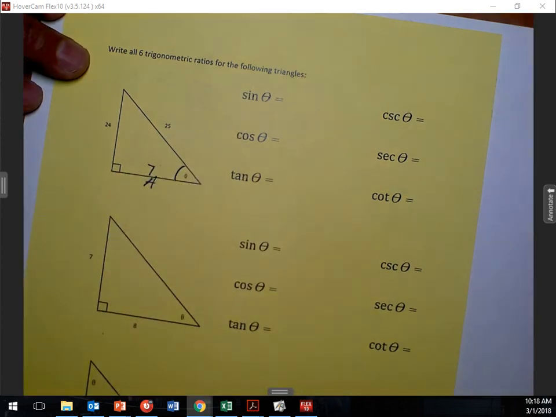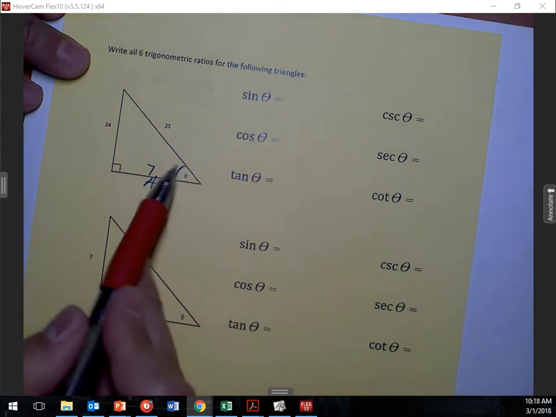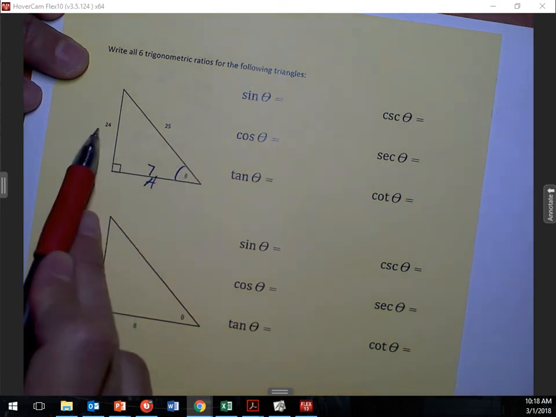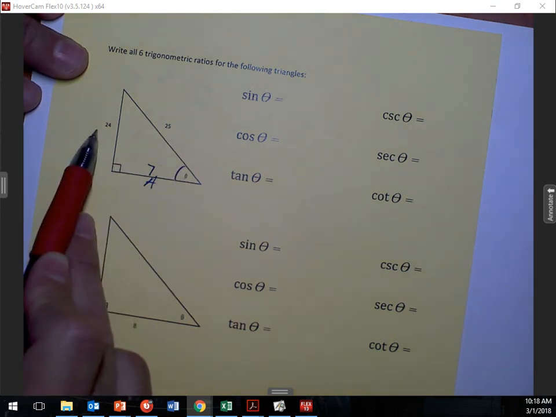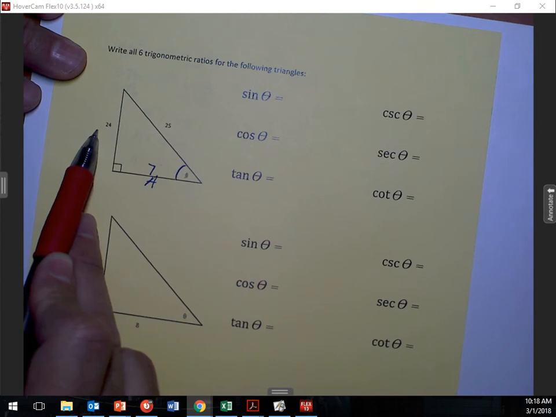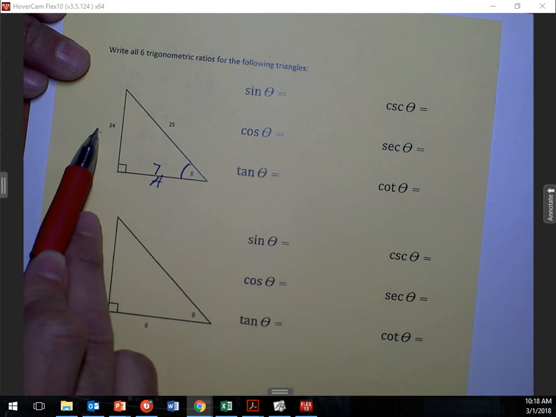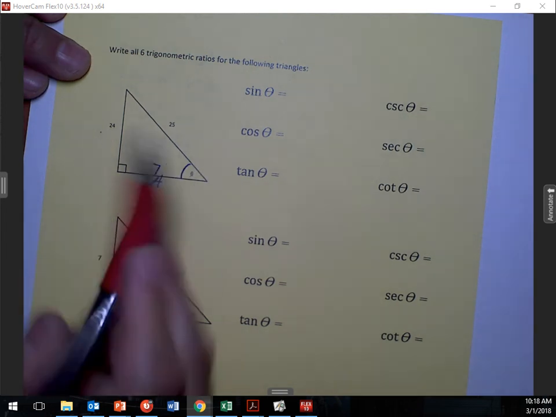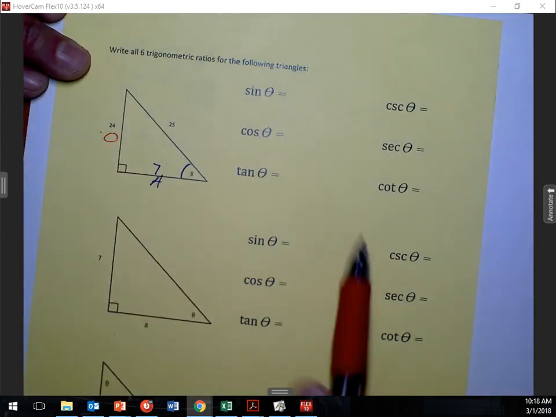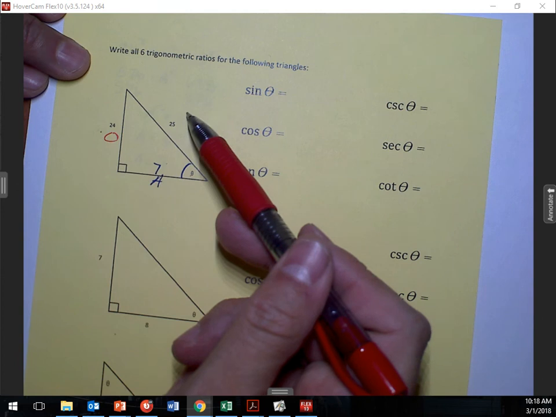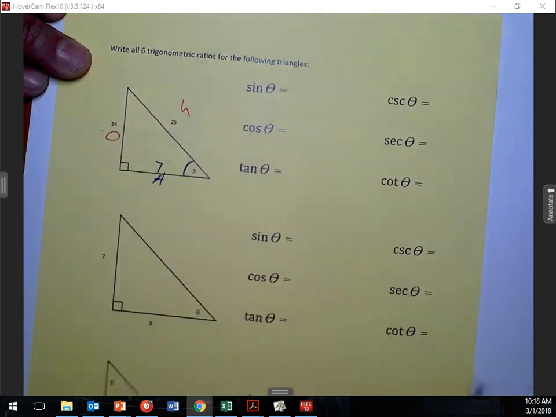All right, let's go through and label. If this is my reference angle, this side over here is opposite, so I'm going to put an O over here. This side over here is hypotenuse, so I'm going to put an H over there.